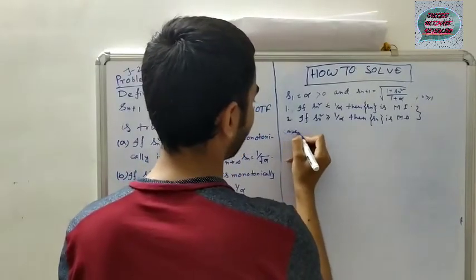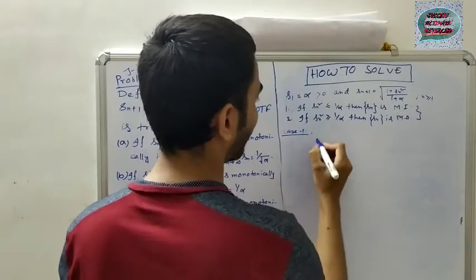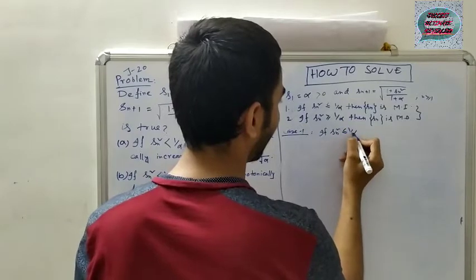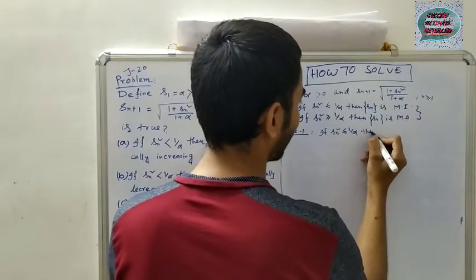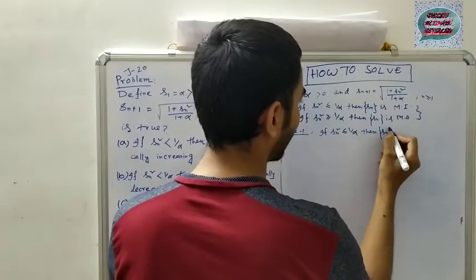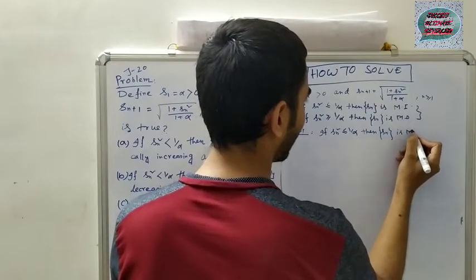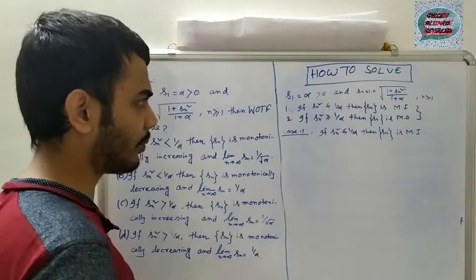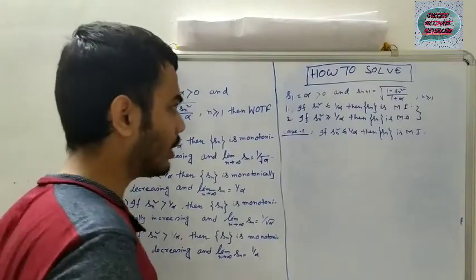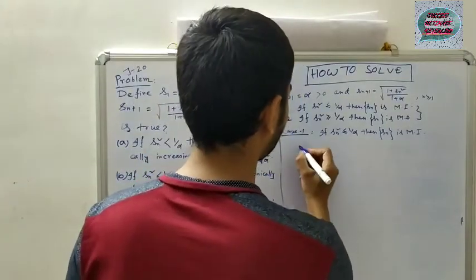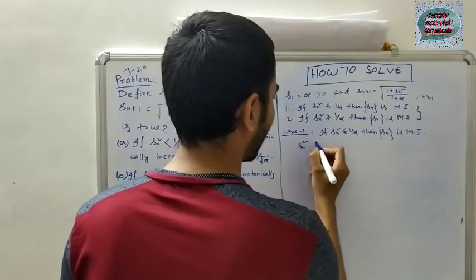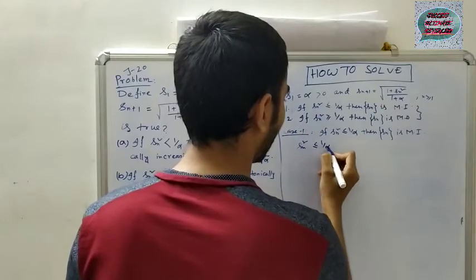For case 1, if Sn square is less or equal to 1 by alpha, then Sn is a monotone increasing sequence of real numbers. Now we have to prove that Sn is also bounded. So you look that Sn square is less or equal to 1 by alpha.